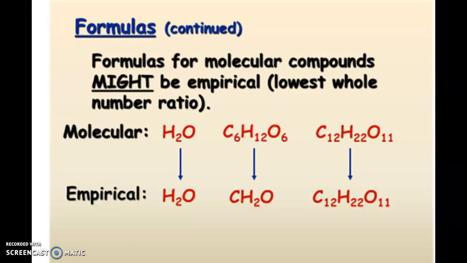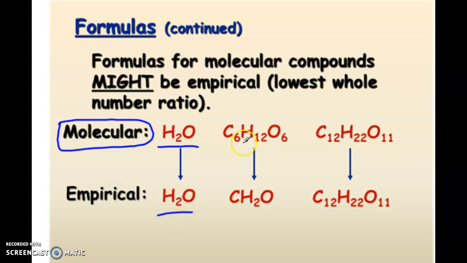For molecular compounds, remember, non-metals only, sometimes they might already be their lowest ratio, but not always. For example, water. Remember, the molecular formula is the true formula for the compound. Here, water is already in its lowest ratio. It technically is both the molecular formula and the empirical formula.